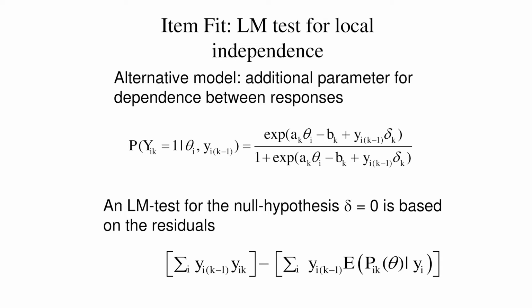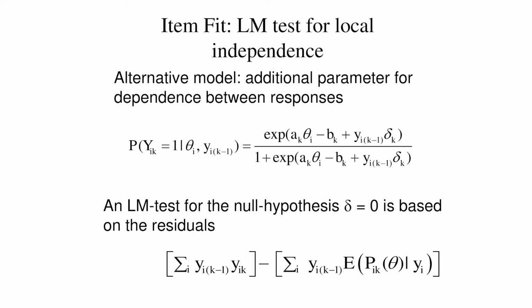So we are looking at item k. So here we have the a times theta minus beta for item k. So this is a 2PL model, this is for item k. And then we add a parameter. That parameter is delta. And that delta is a regression coefficient for the regression on the previous item.